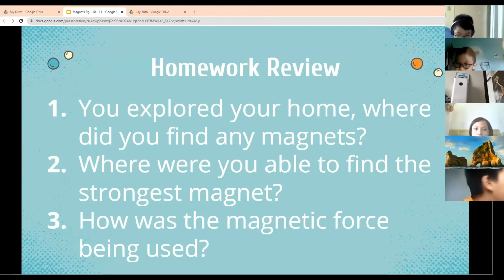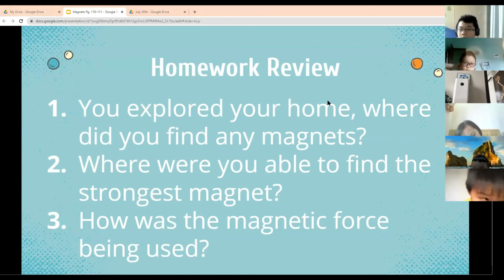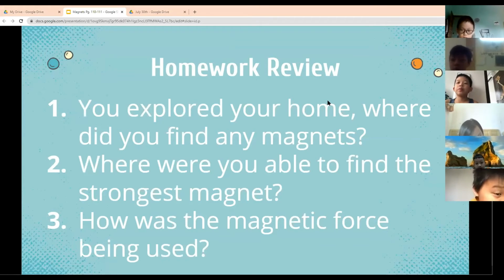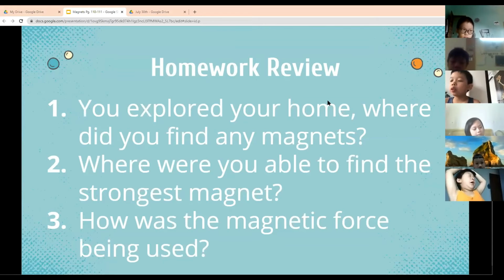Zook, what's an example of a magnet that you found in your house? But I don't know how to call it. Can you describe it? What does the magnet do? The magnet holds my paper on the steel bar.